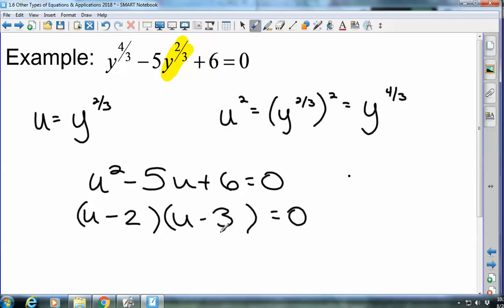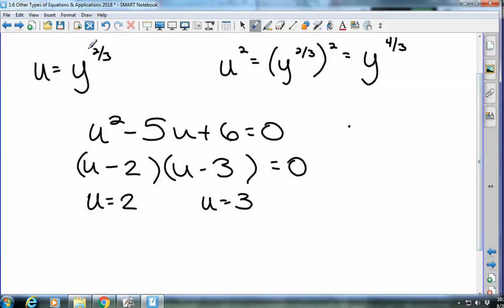To get a positive, they have the same sign. So we would have negative 3, negative 2. Right? Set each one to 0. So I get u to be 2 and 3.